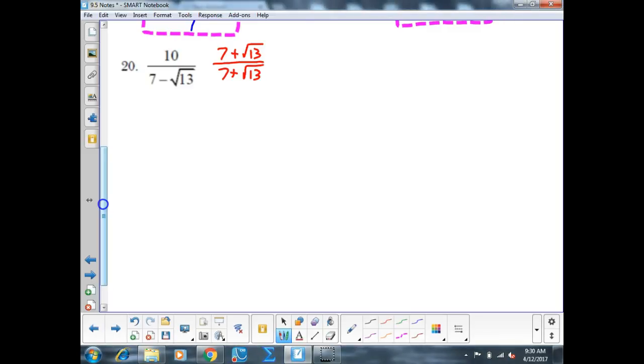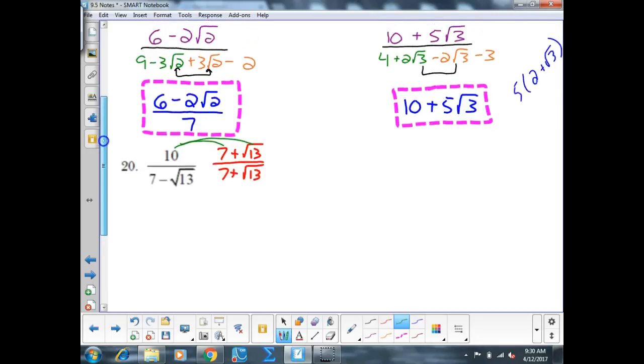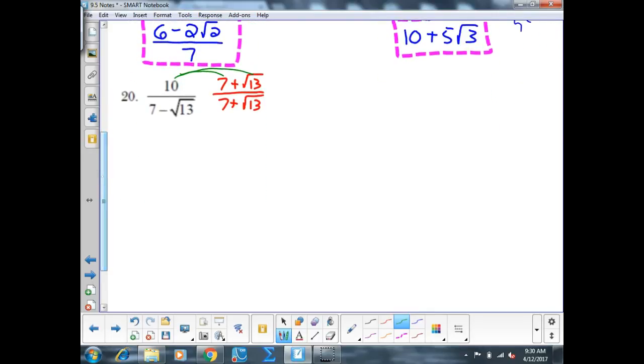Okay, alright, so on top. Oop, I think I did the wrong color. Curses. Should be the purple. So then on top I get 70 plus 10 square roots of 13.